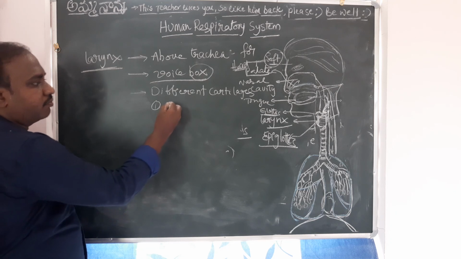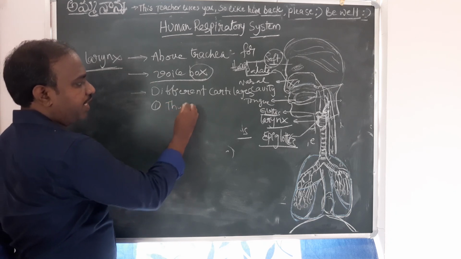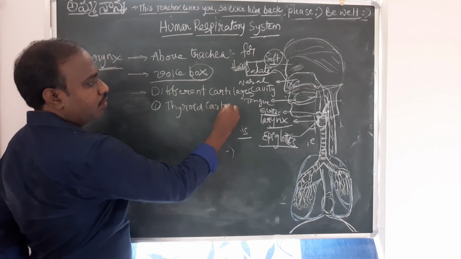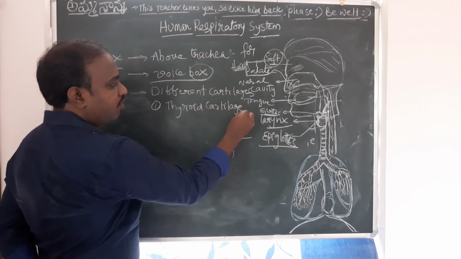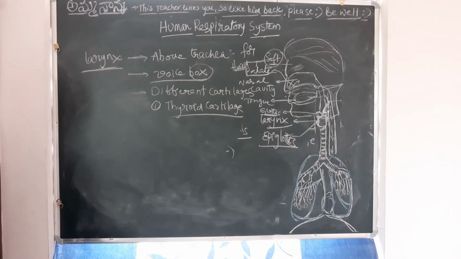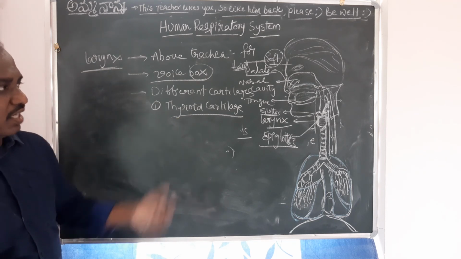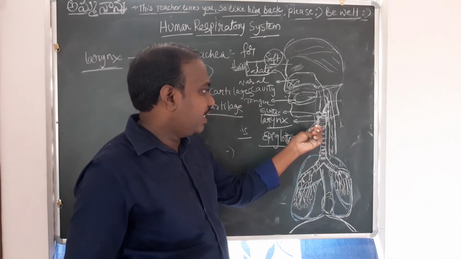The biggest of them is called the thyroid cartilage. The biggest of all these box-shaped cartilages is the thyroid cartilage. So that is what I have highlighted here.